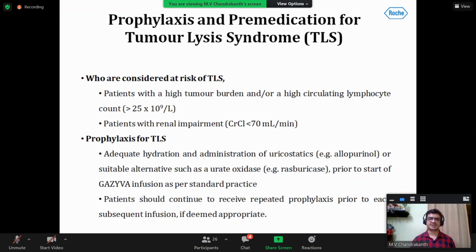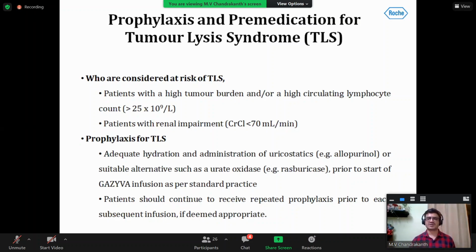So patients should continue to receive prophylaxis irrespective of subsequent infusion. What matters is that these are potent anti-CD20 antibodies, and we expect tumor lysis in this set of patients. Therefore, having proper tumor lysis syndrome prophylaxis matters.